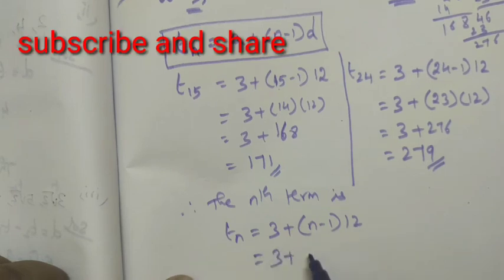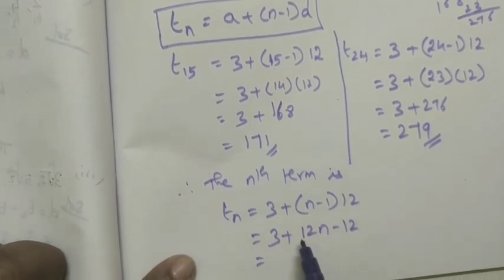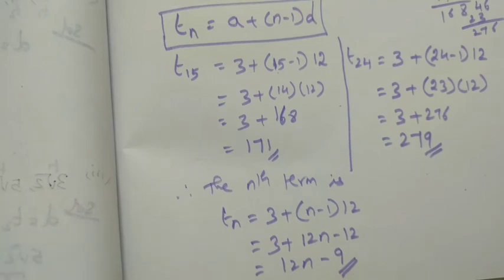What do you get? 3 plus 12n minus 12. When we subtract these two terms, 3 minus 12, we get minus 9. So 12n minus 9 is the nth term of the given sequence. Thank you, students.